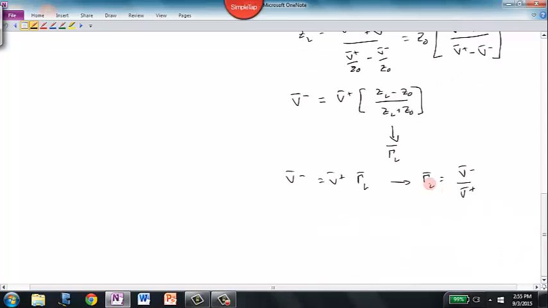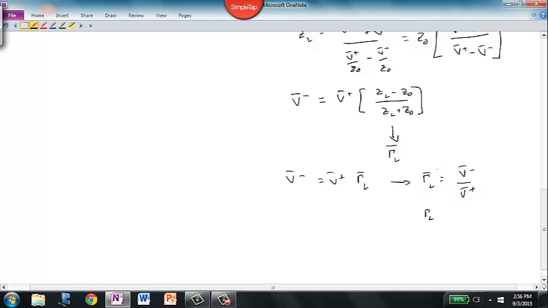One thing to note about the reflection coefficient here is that it is a complex number. A lot of times we'll drop the indication that it has a magnitude and a phase associated with it, but it really does. And what that means is not only does it cause a reflection of the incident voltage waveform, but it can also phase shift the reflection.